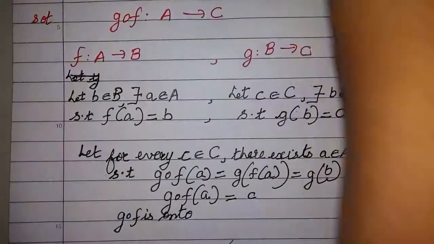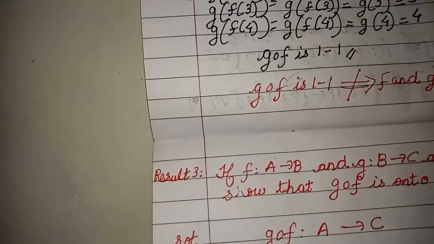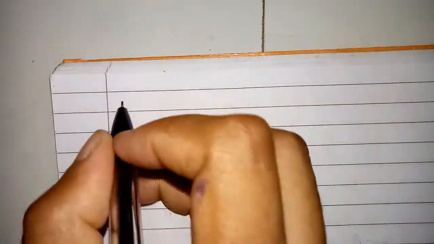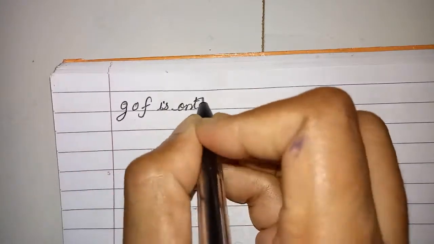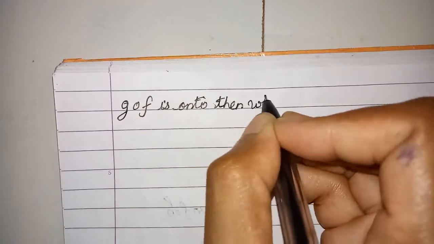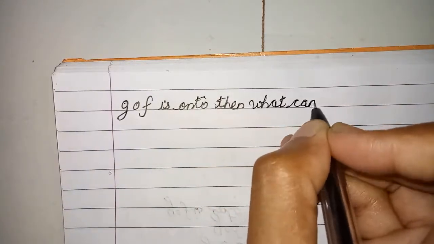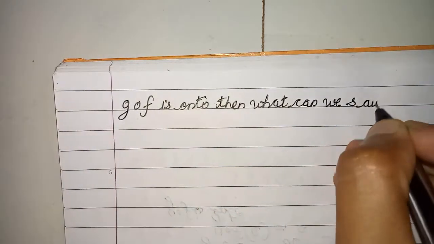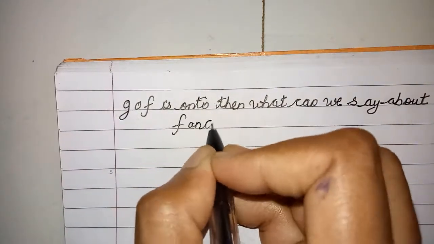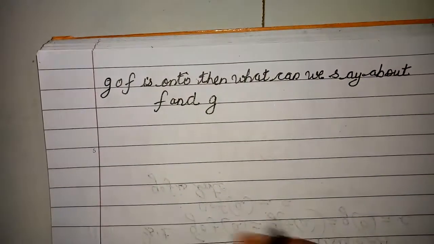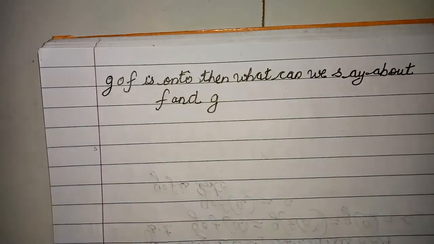Similarly, this time my question is, if g composite f is onto, does it mean that f and g are onto? So let me write that. g composite f is onto. Then what can we say about f and g? Let me take an example.